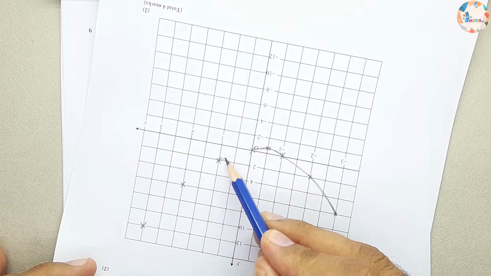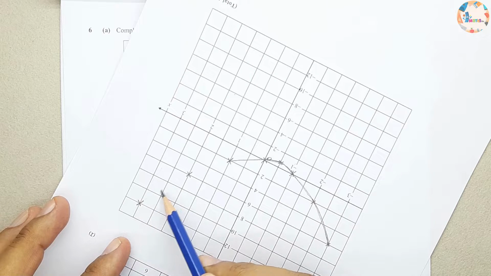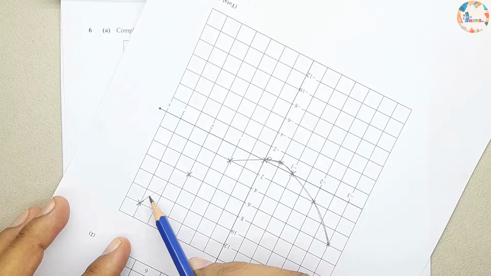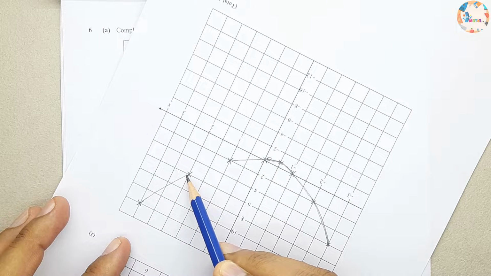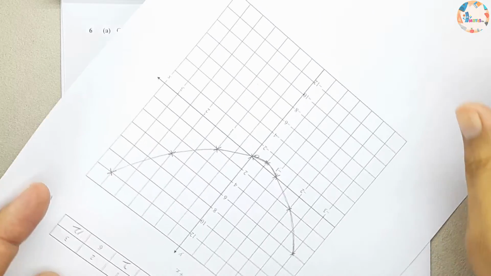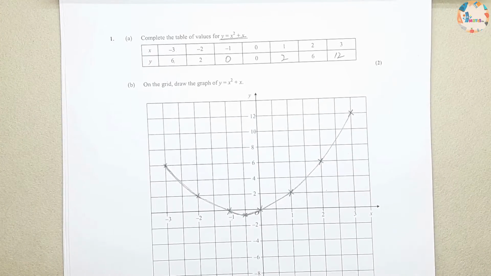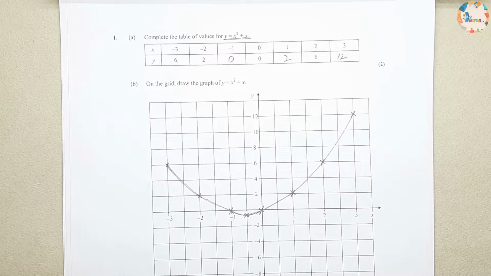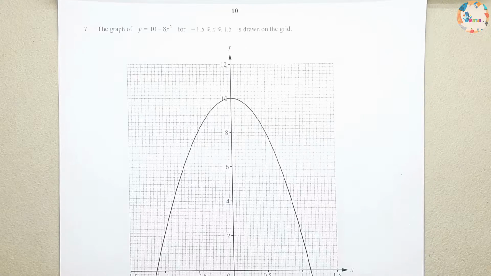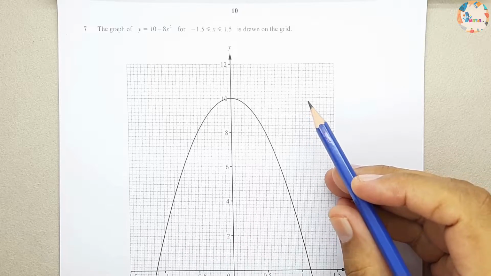We will try to draw as smooth as possible. Hopefully you are understanding this. So this is how we can plot. After plotting, we can see this is our curve, which is a parabola opening upward. Hopefully you understood this. This is the second question which we have selected from IGCSE past papers.